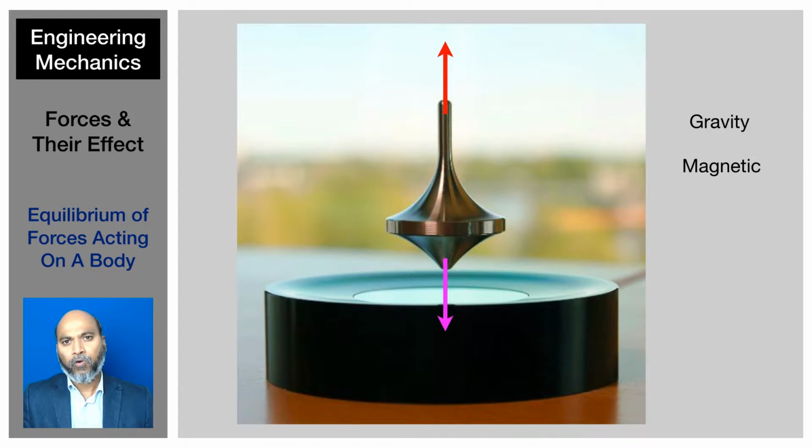Okay, these two forces are balanced, and that is why this particular top, a spinning top, is stationary in the air. Remember, when we say stationary, we are not considering its rotational motion, because we are only analyzing the problem in the x and y direction, and we are not looking at the theta direction, which is the rotational direction.